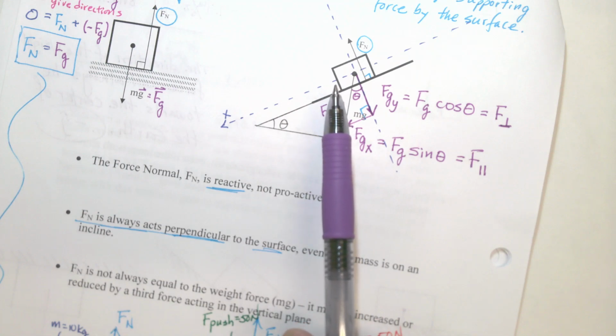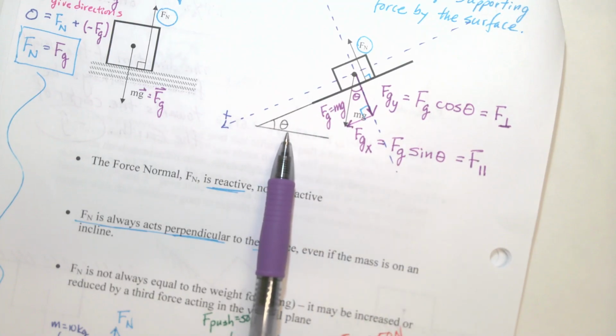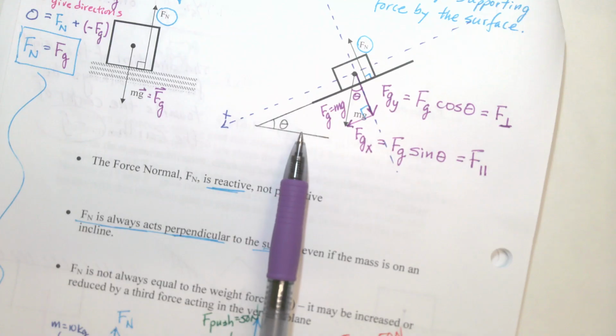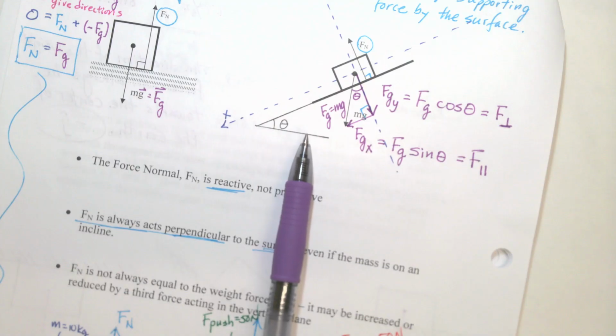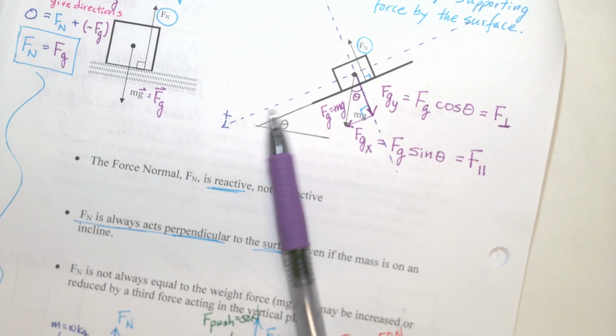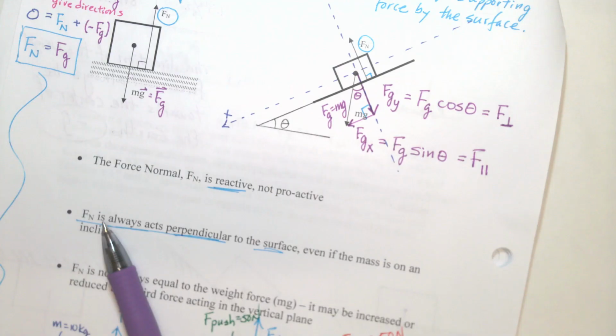What would happen to that acceleration as this theta grows? You should get faster. When this theta reaches 90, what should your acceleration be? 9.8, right?